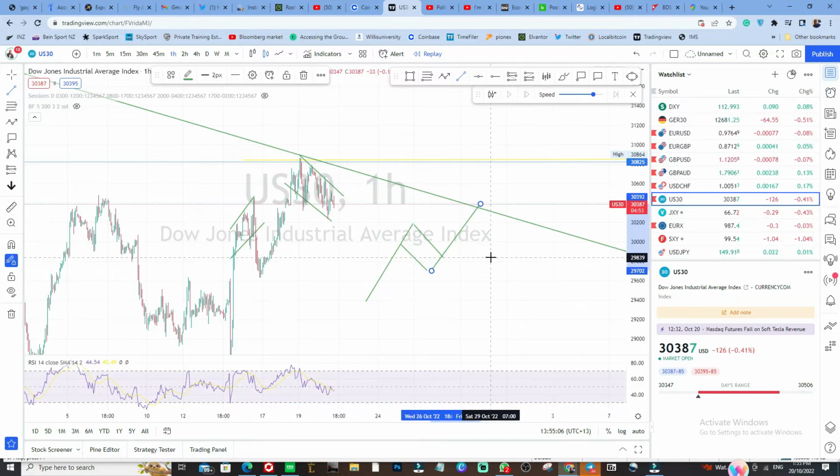Now in the bearish direction, the flag could be in this manner.